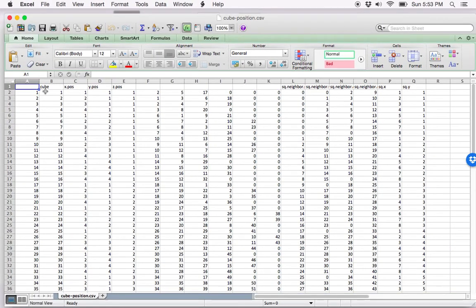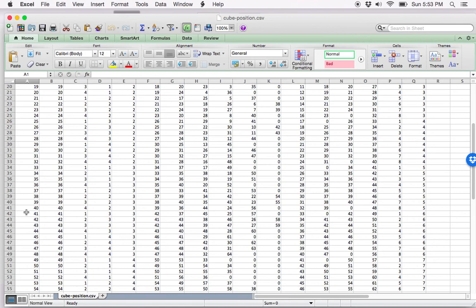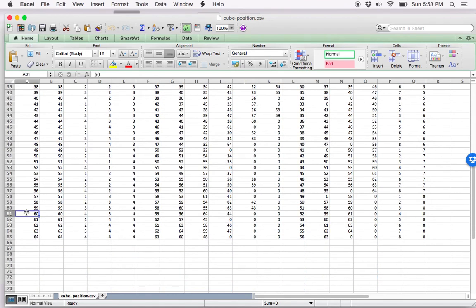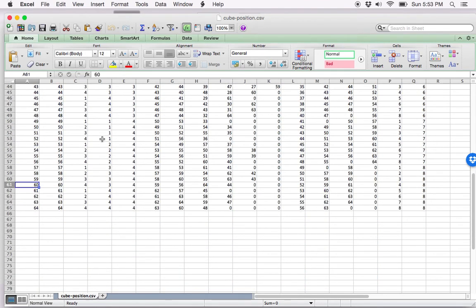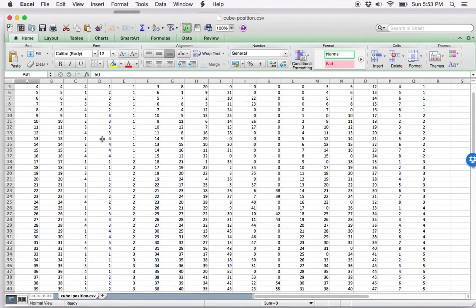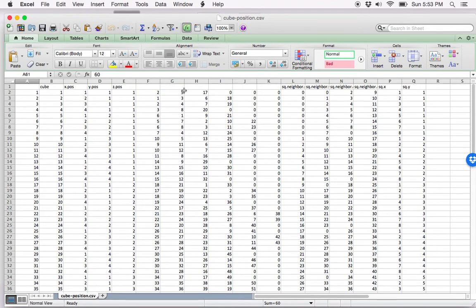All right, here is the initial setup. So I've got all 64 cubes, and the first few columns are the cube position. So these are the 64 cubelets and their position, so 1, 1, 1, on through that.